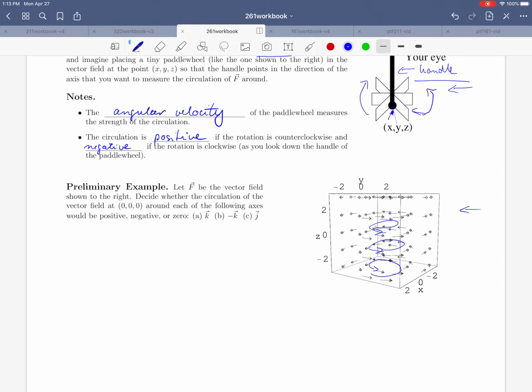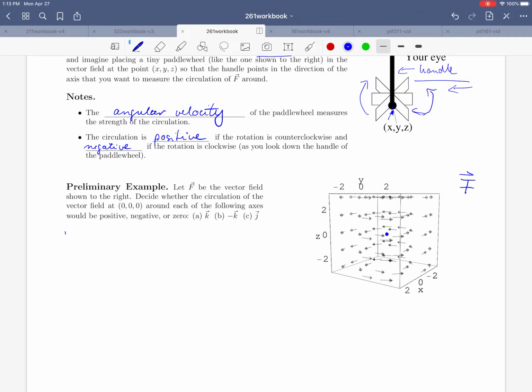Okay, let me clear this up. All right, so now we have this vector field F right here, and we are placing the pedal wheel at the point 0, 0, 0, and we would like to decide whether the circulation of the vector field at 0, 0, 0 around three different axes is positive, negative, or 0. So the point 0, 0, 0 is right in the center of this box, of this vector field.